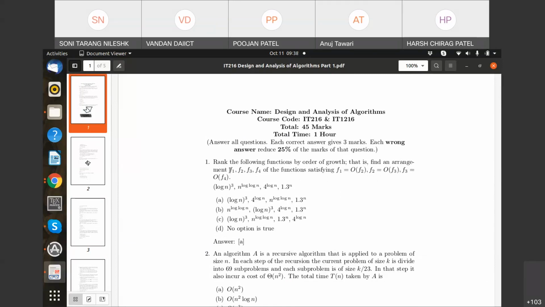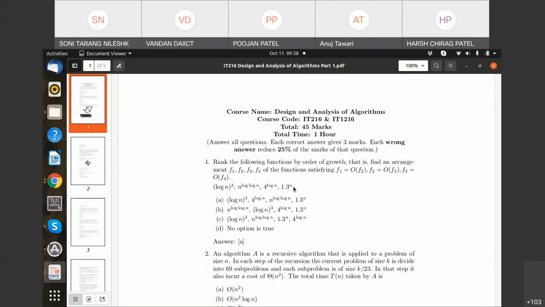So what was the smallest one among these things? Whenever you have these powering things, you arrange them in the fashion 2 raised to something. So this will be 2 raised to 3 log n. This will be log n into log n. This is just log n. And this will be linear.